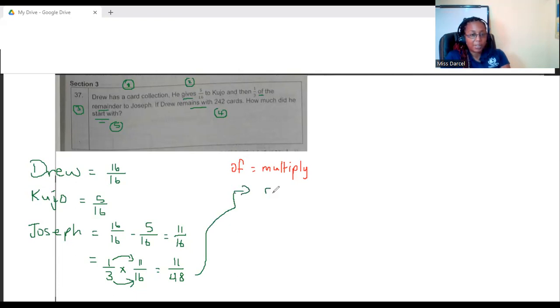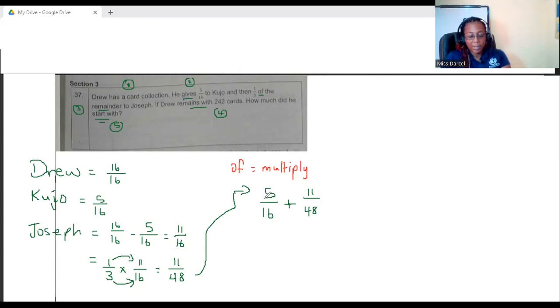So 5/16 that he gave to Kojo added to the 11/48 he gave to Joseph. This amount is going to be the total that he gave away, right?